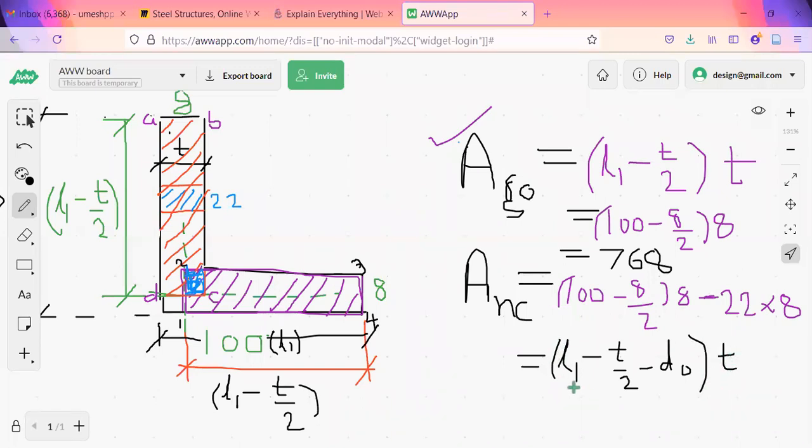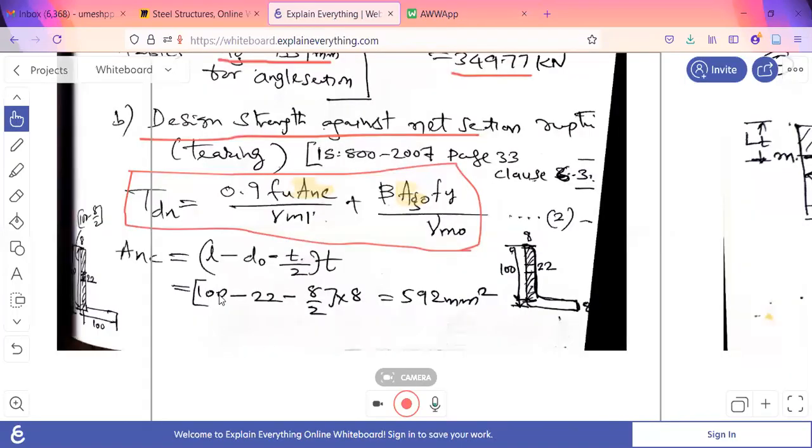So it is L1 minus D naught minus T by 2 into T. This is what is written over there.